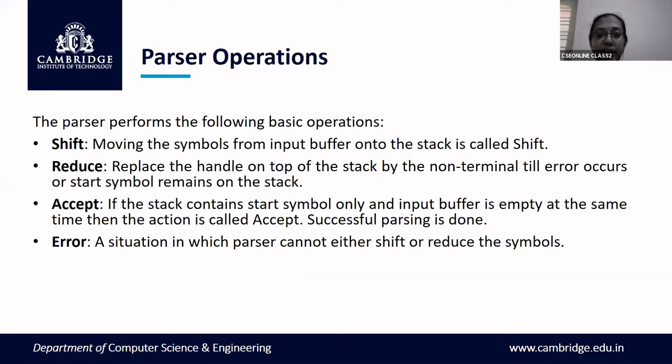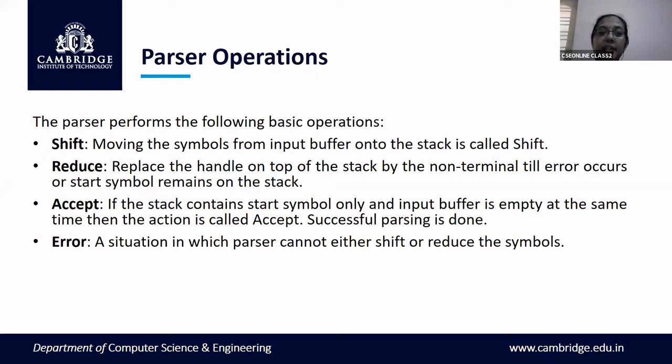You must have already come across the terms push and pop. Push and pop are with respect to the stack, right? One of the data structures used in the shift-reduce parser is a stack. Putting anything onto the stack is called shift, and removing or reducing, that is, replacing the RHS with the LHS on the stack, is called reduce.